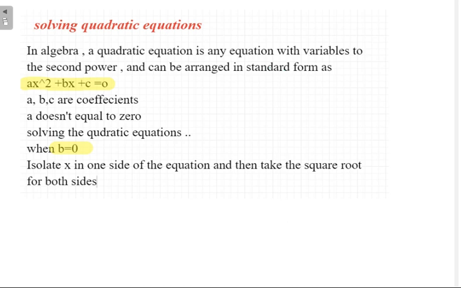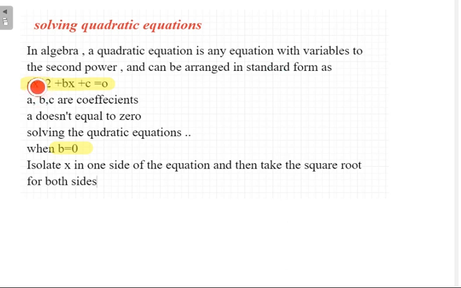Let's see what these are. Of course, x is the variable that we are solving the equation for, and I have these terms a, b, and c. All of them are constant coefficients. a is the lead coefficient because it is with x squared, and a mustn't equal 0.